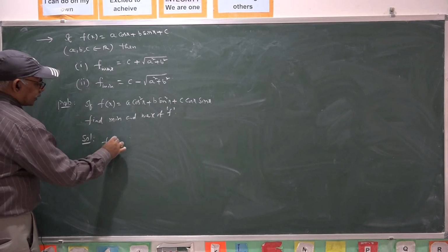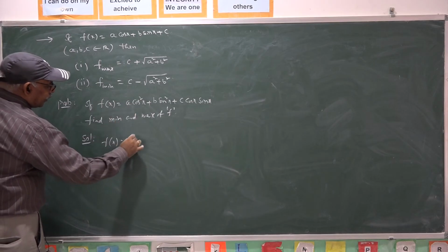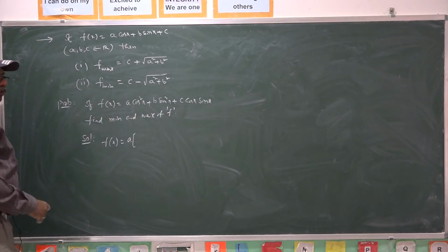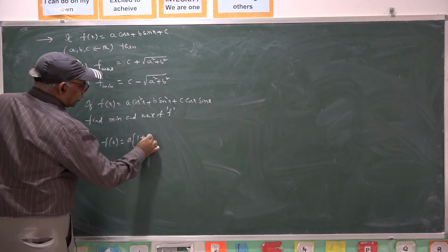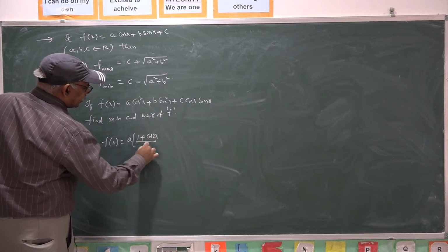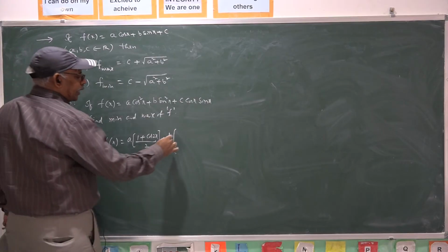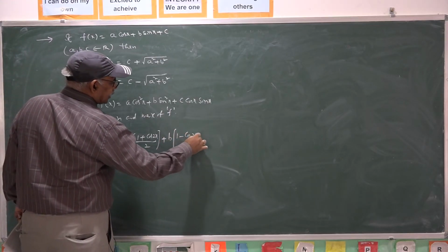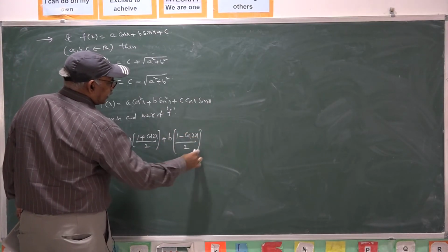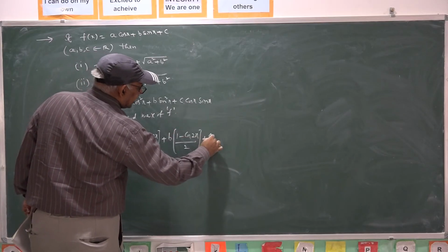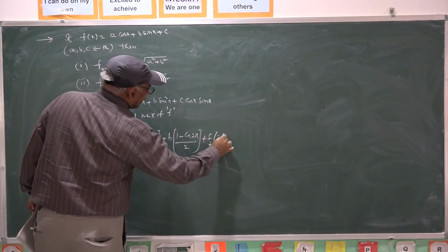So here f(x) equals A into cos square x. Cos square x may be written as (1 plus cos 2x) by 2 by trigonometric result. Sin square x is (1 minus cos 2x) by 2, plus this is C by 2 into 2 sin x cos x.